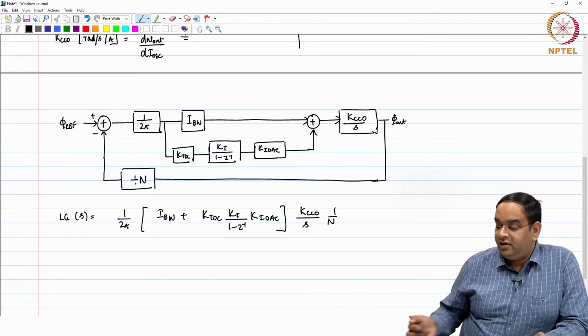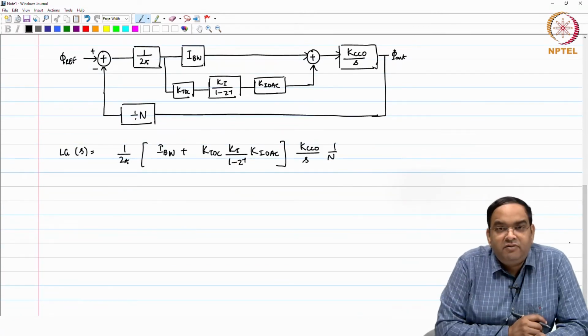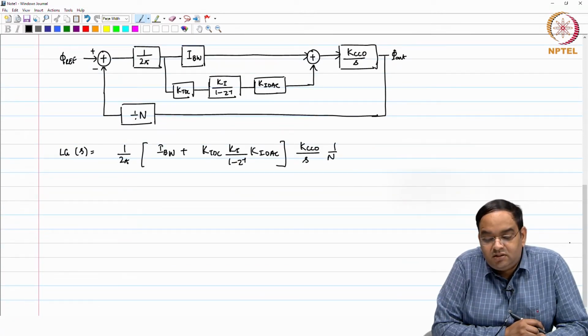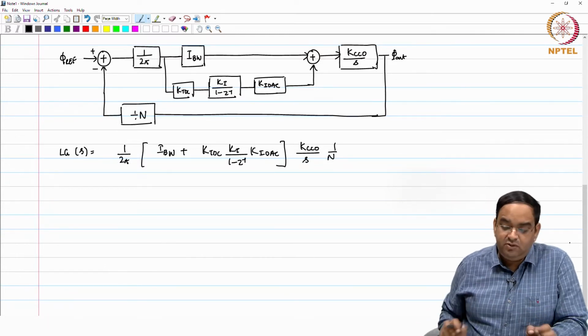This is the loop gain, and from our previous session discussion, the bandwidth of this PLL is actually your proportional path gain. We worked it out earlier.